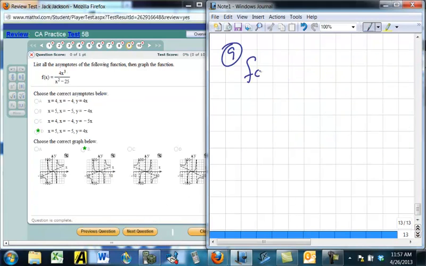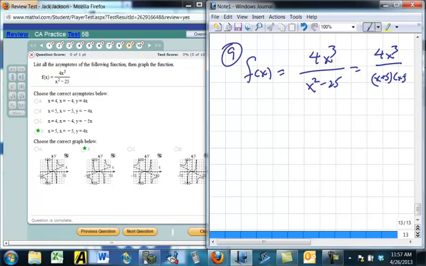Oh, okay, now we get some rational functions. 4x cubed over x squared minus 25. If we factor the denominator, that's x plus 5 and x minus 5. So we see the domain is all reals except for negative 5 and 5.